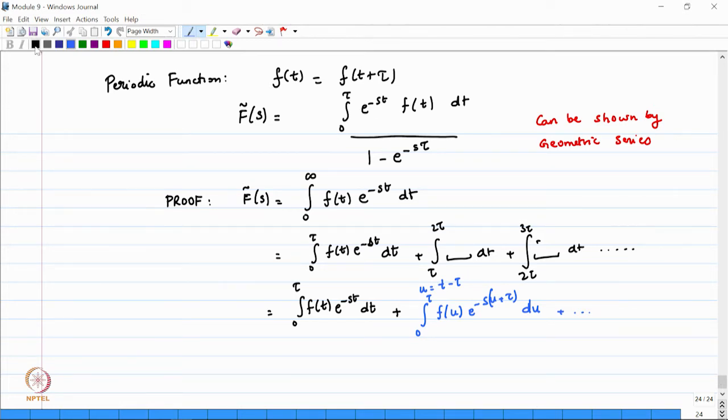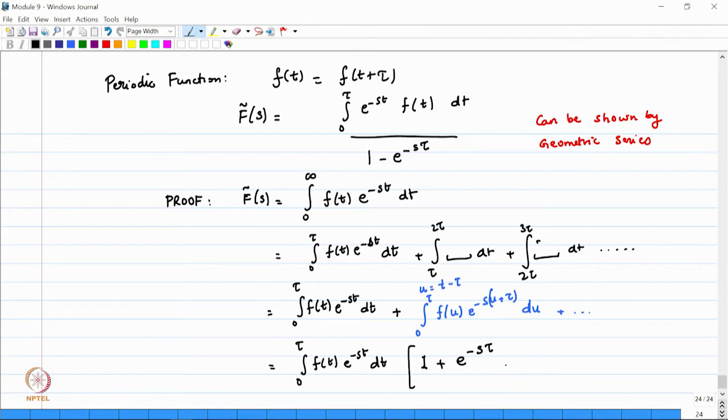So what I can show is that now e to the minus s tau can be taken outside, and then what I have is exactly the same as this integral. So I can combine the first two terms and write f t e to the minus st dt, and then I can write 1 plus e to the minus s tau.